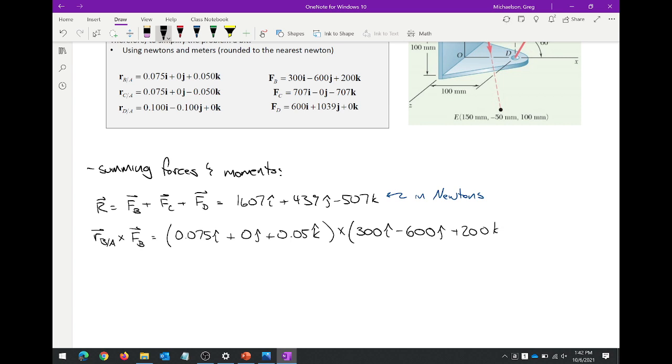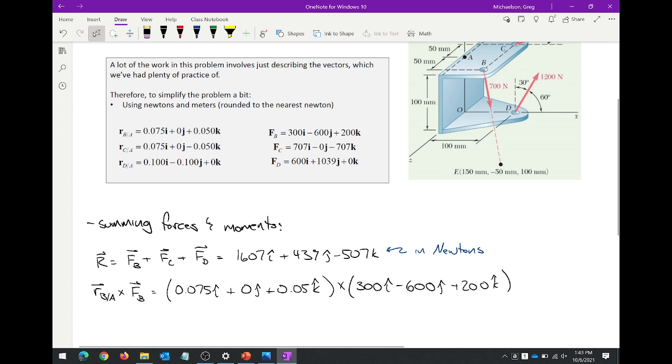and chug this out. Now, there's also another point I wanted to make about this problem, and this is really just a point of personal preference. You don't have to do this, but if you notice at the very top of the problem, let me scroll up a little bit, the dimensions for this problem were given in millimeters, and each of these are in meters. So the position vectors look a lot smaller than they would if you were to just write them out.